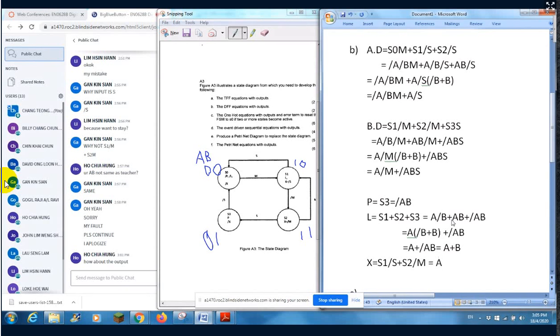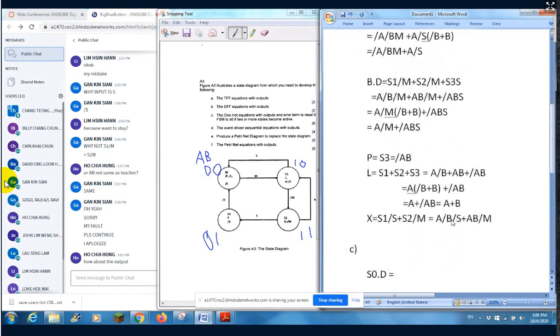S1 is A B bar S bar, all with S2 A B M bar. All right, so this is the output equation.